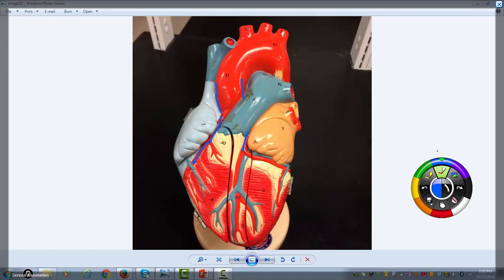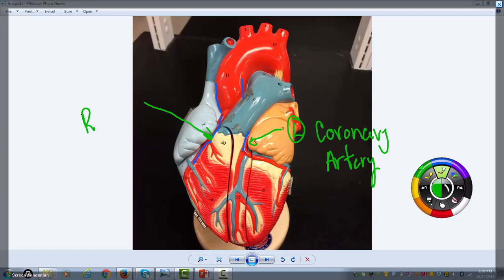This is the left coronary artery, and this is the right coronary artery.